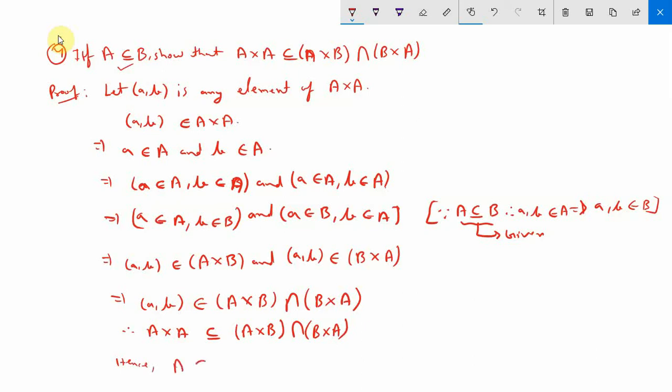If A is a subset of B, it implies A into A is a subset of A into B intersection B into A.